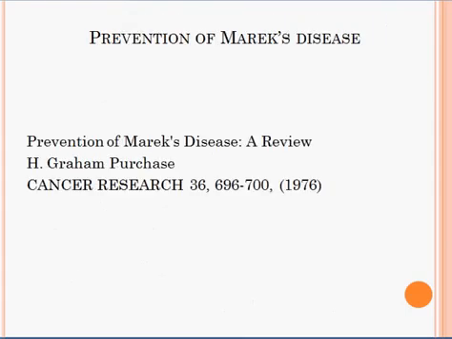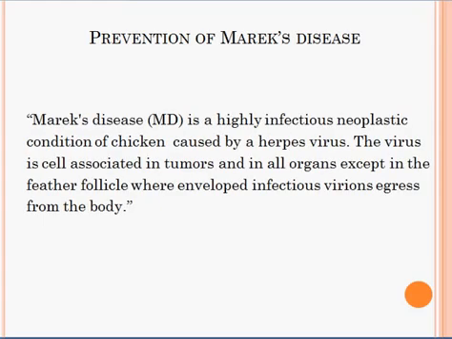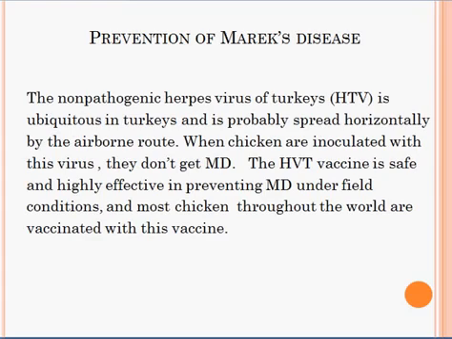So how do we prevent Marek's disease? Here you have a review. Marek's disease is a highly infectious neoplastic condition of chicken caused by herpes virus. The virus is cell-associated in tumors and in all organs except in the feather follicle where enveloped infectious virions egress from the body. So the non-pathogenic herpes virus of turkeys is ubiquitous in turkeys and is probably spread horizontally by the airborne route.